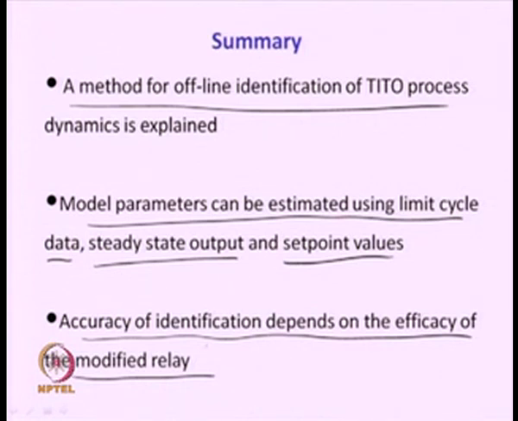Efficacy of the modified relay means one must use correct CNIs, or appropriate Cn1 and Cn2, to eliminate the ill effects of loop interactions during the relay experiment.